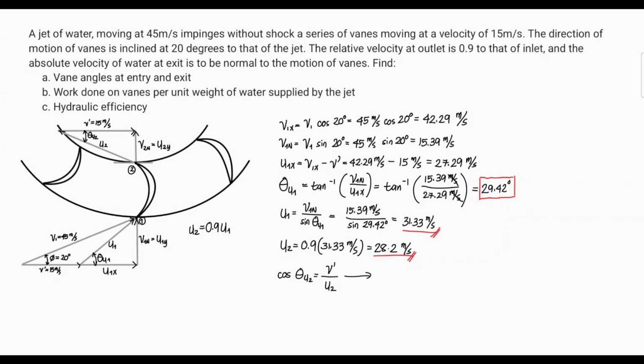So theta u2 is equal to cosine negative 1 of v prime over u2. That is cosine negative 1 of the value of our v prime, 15 meters per second, over the value of u2, 28.2 meters per second. Now that is equal to 57.87 degrees. So this is now the value of our vane angle at exit.